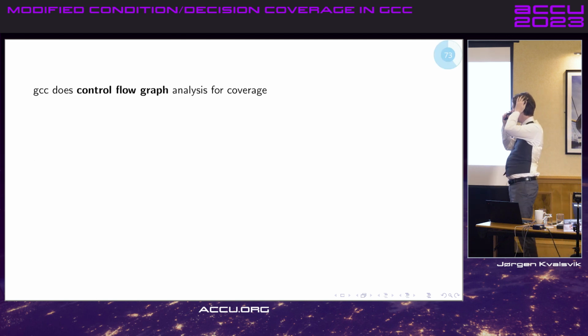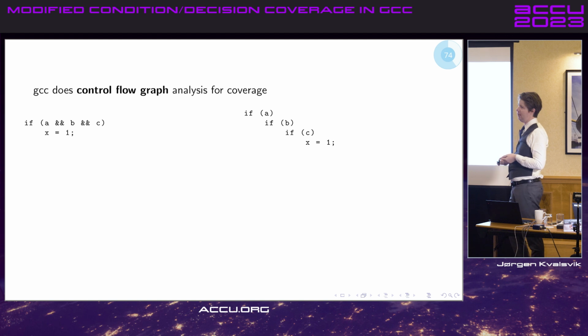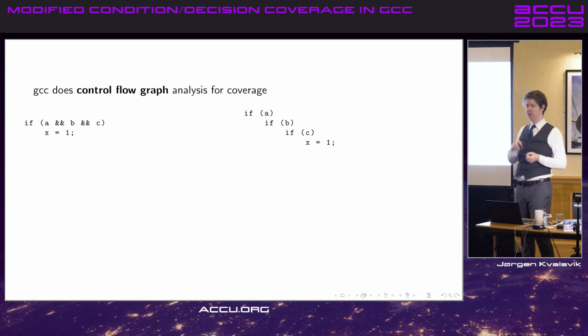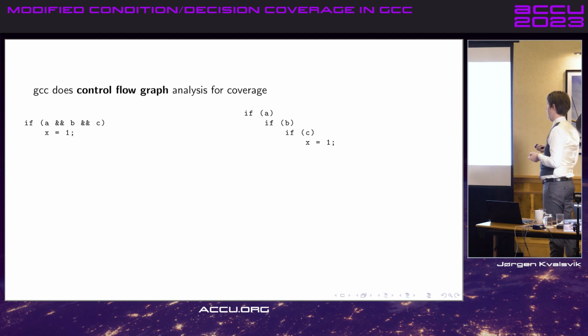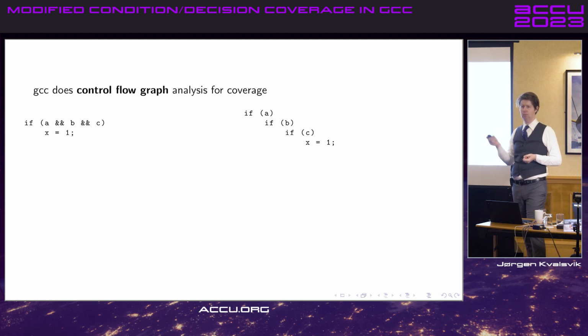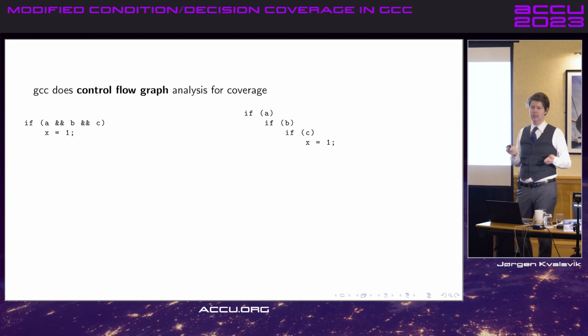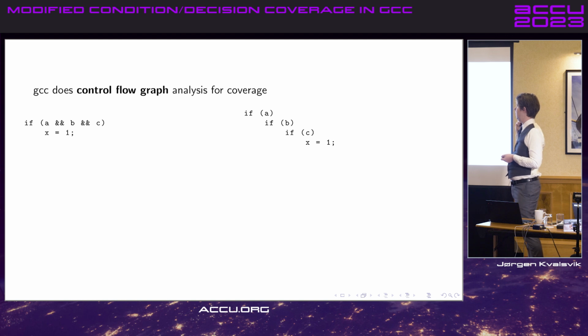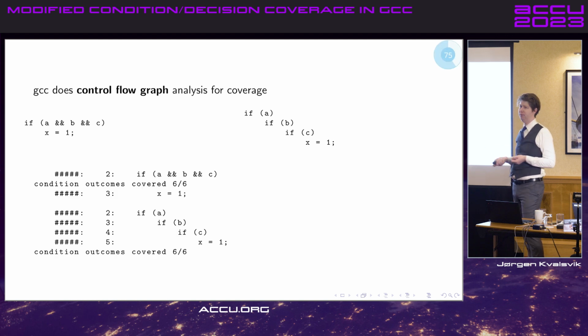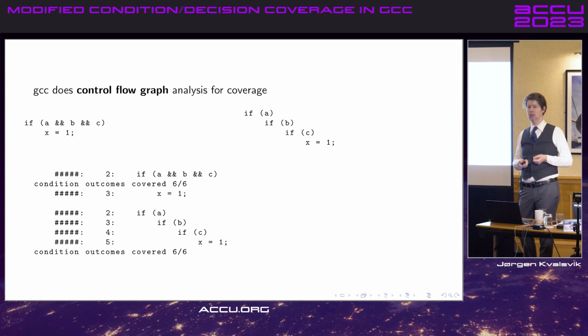Okay, so GCC does control flow graph analysis for coverage. What that means is that sometimes coverage can be a bit surprising because it's not actually instrumenting the source code, it's instrumenting the CFG. Semantically, these 2 programs are identical, right? And in fact, for GCC, it is, right?